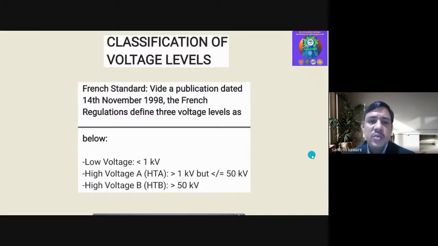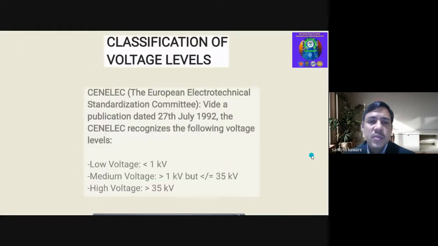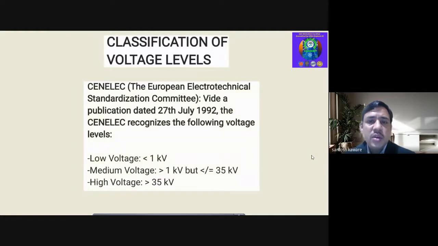Again, the European Electrotechnical Standardization Committee, CENELEC, in 1992, has defined these voltage levels. Low voltage is less than 1 kV. Medium voltage is higher than 1 kV but less than or equal to 35 kV. And high voltage is more than 35 kV.